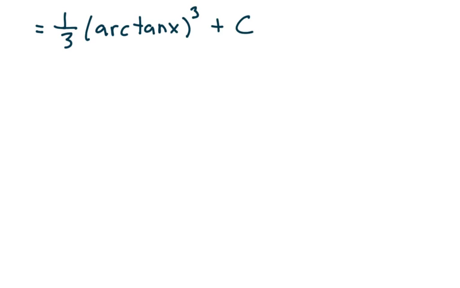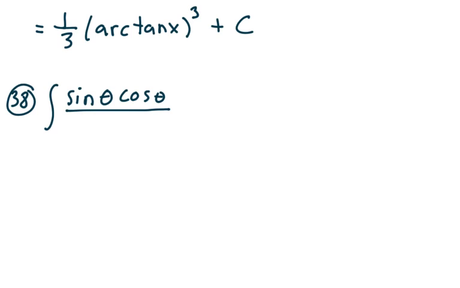If we take a look at problem 38, suppose I had the integral of sine theta cosine theta divided by 1 plus sine squared theta d theta. Now, a good candidate will be the denominator.